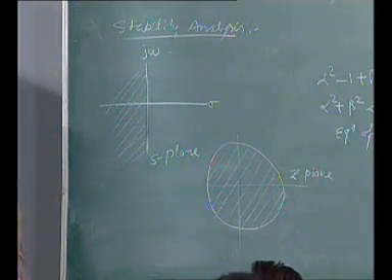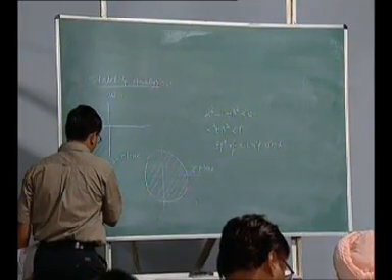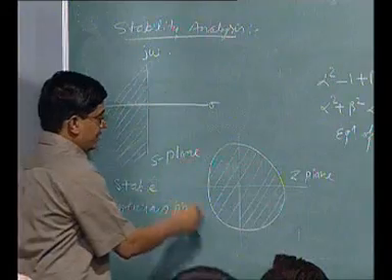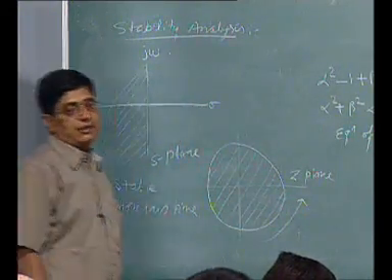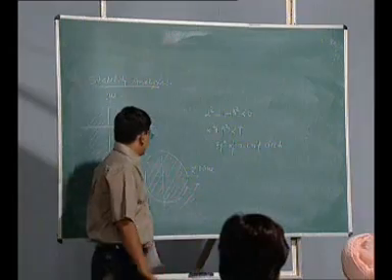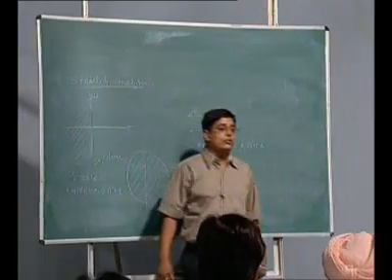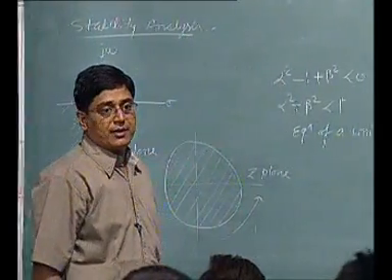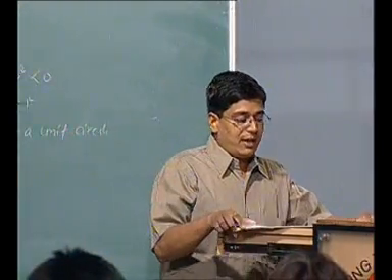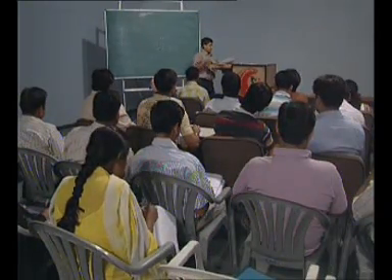So we can say that if the system is stable in continuous time, it will be stable in discrete time also. So this is the bilinear transformation method, also called the trapezoidal rule for integration.